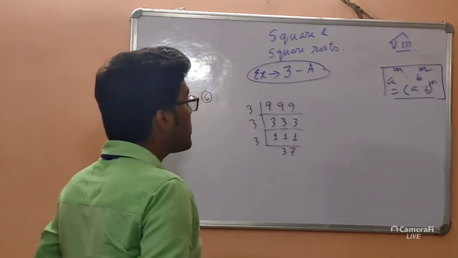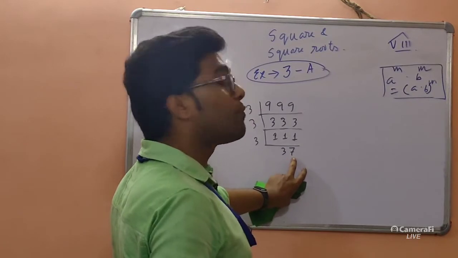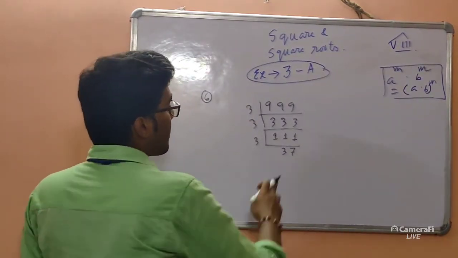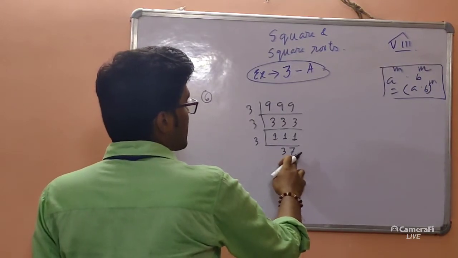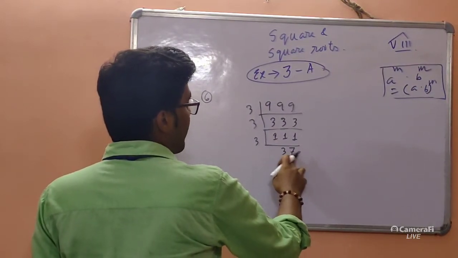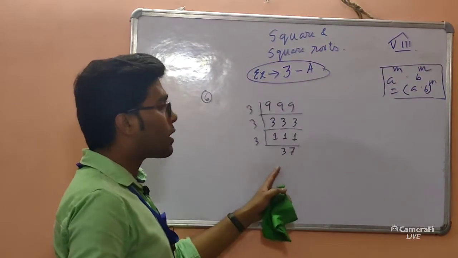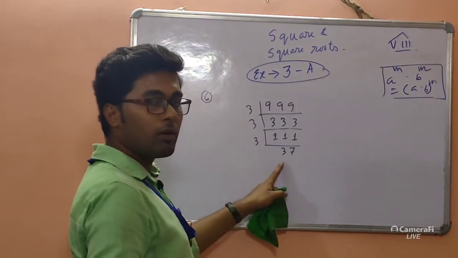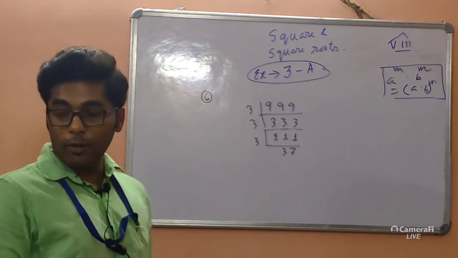Okay? So now we cannot move from here. But see, this 37 we cannot use with any of them, right? So what we will do then?